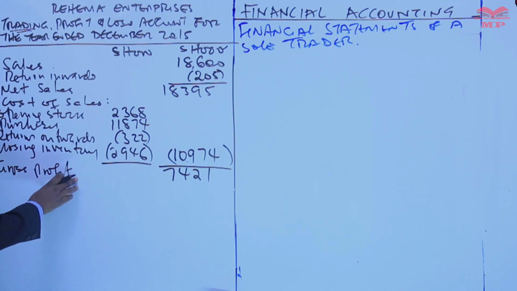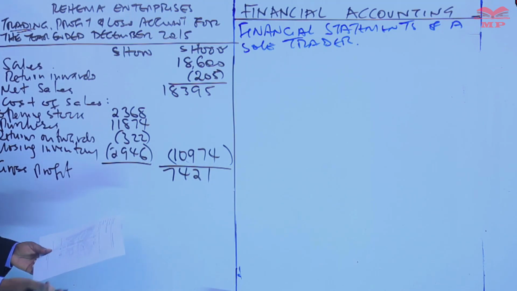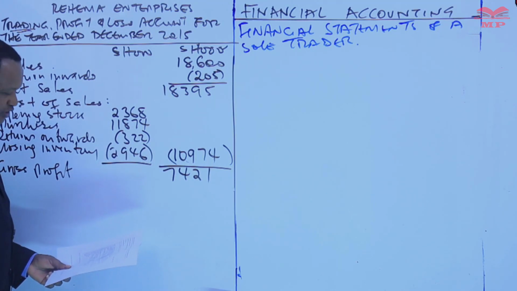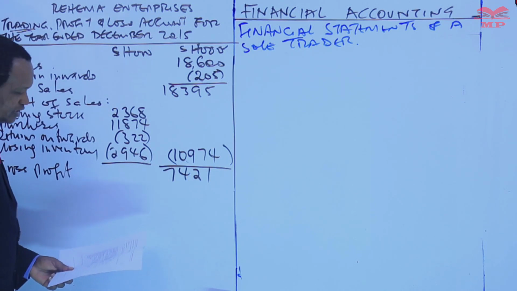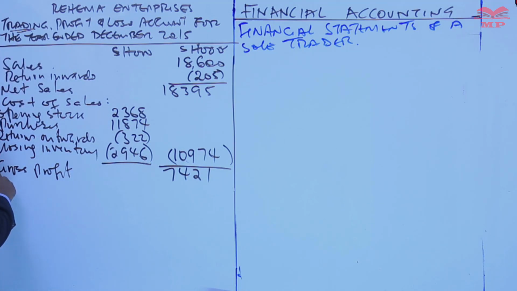Now on this gross profit we add any other income. If you want to know that this business had any other income, check on the credit side of the trial balance, because income accounts always have credit balances, and we see there is no other income. So we move straight away to the expenses. We deduct expenses.